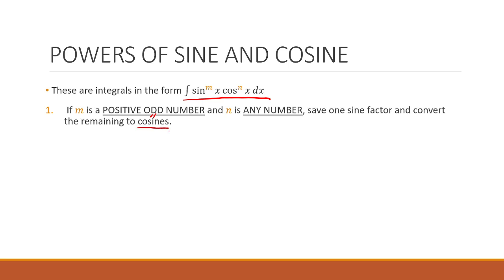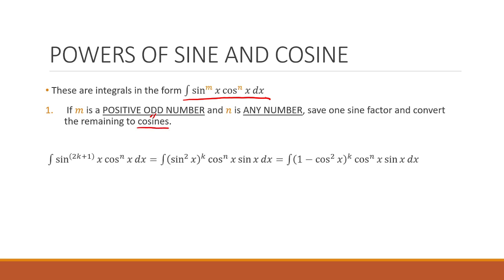Okay? So let's see. So ayan. So focus tayo sa first na portion. Ito sa pinaka left hand side. Okay? So nangyari dito class, itong 2k plus 1, this is initially m, di ba? Power ng sine. So ito lang para ma-emphasize na it's a positive odd number.